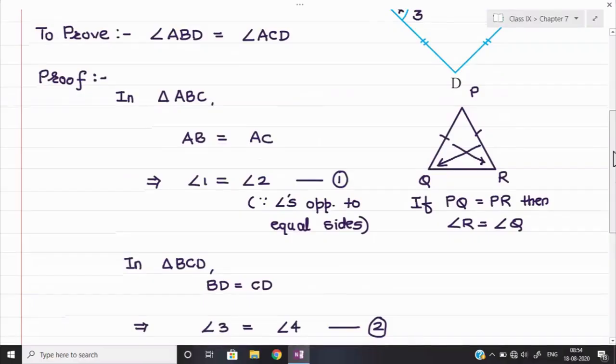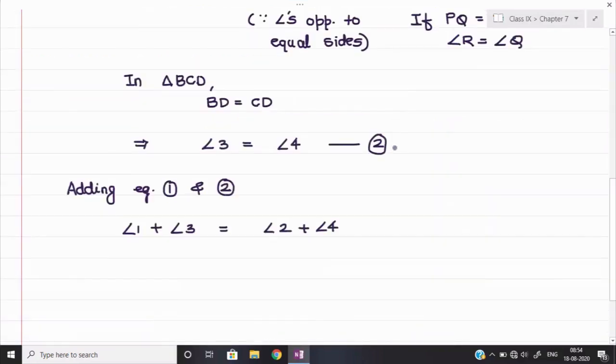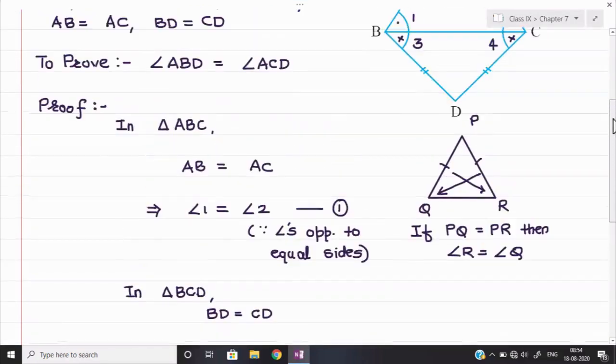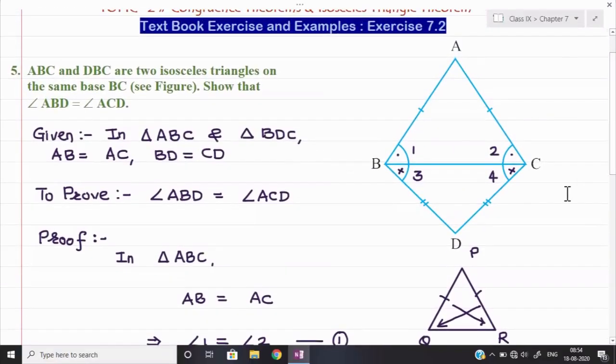Now angle 1 and angle 3, if I want to add, then after adding angle 1 and angle 3, what do I get here? Observe, angle 1 and angle 3, if I add, I will get this complete angle. And the name of this angle is here angle ABD.